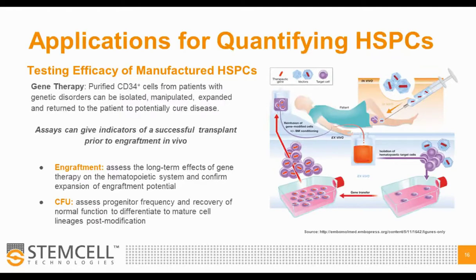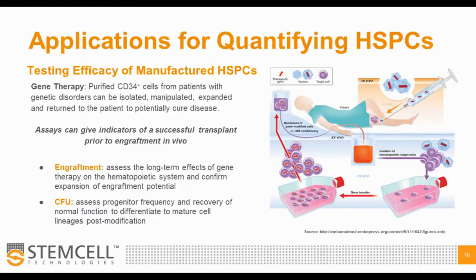How much expression do you need to cure that disease? Of course, it depends on the disease. So assays really then can allow the ability to give indicators of a successful transplant prior to engraftment in vivo by using the two assays I just described. The engraftment assay can assess the long-term effects of the gene therapy that you've done.